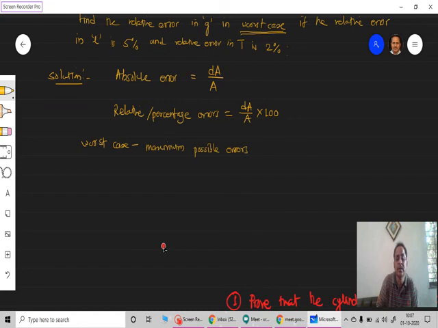Sometimes this problem is asked as: calculate the maximum relative error in g, or maximum possible relative error in g, if the relative error in L is 5% and relative error in capital T is 2%. So the problem is just the same. Worst case, maximum possible errors, means we have to add all such errors.